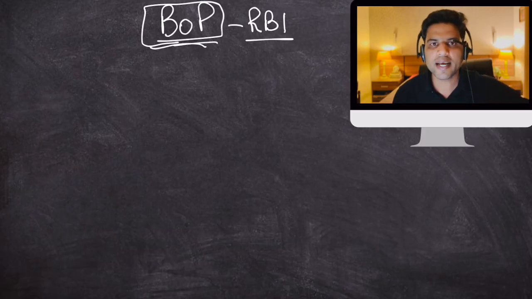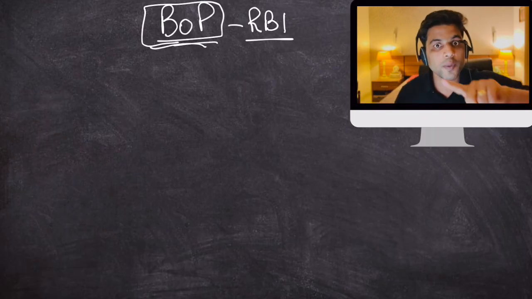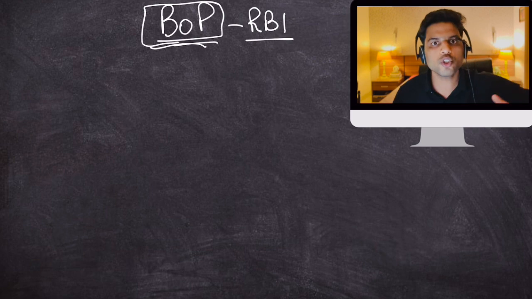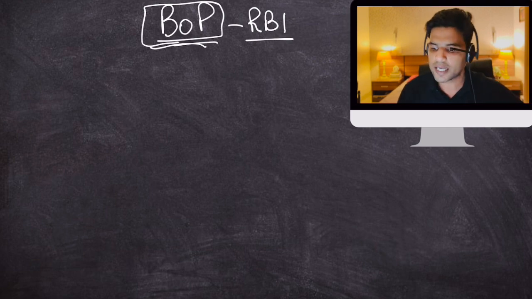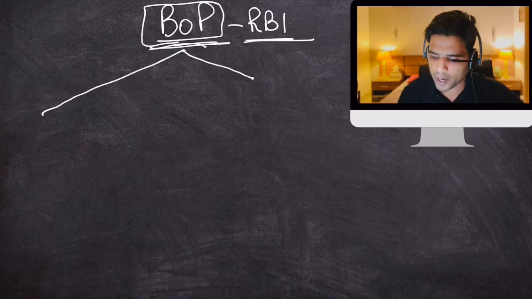Whenever India is conducting any transaction with the rest of the world, not domestic, within India, but between India and abroad, all those transactions are listed in this balance of payment, and this list is maintained by RBI. Now, this entire balance of payment is divided into two parts.